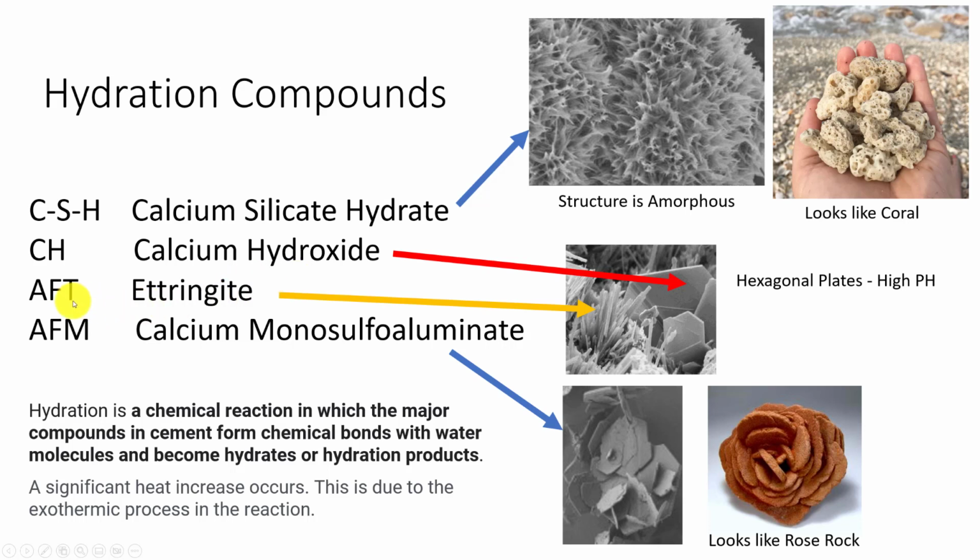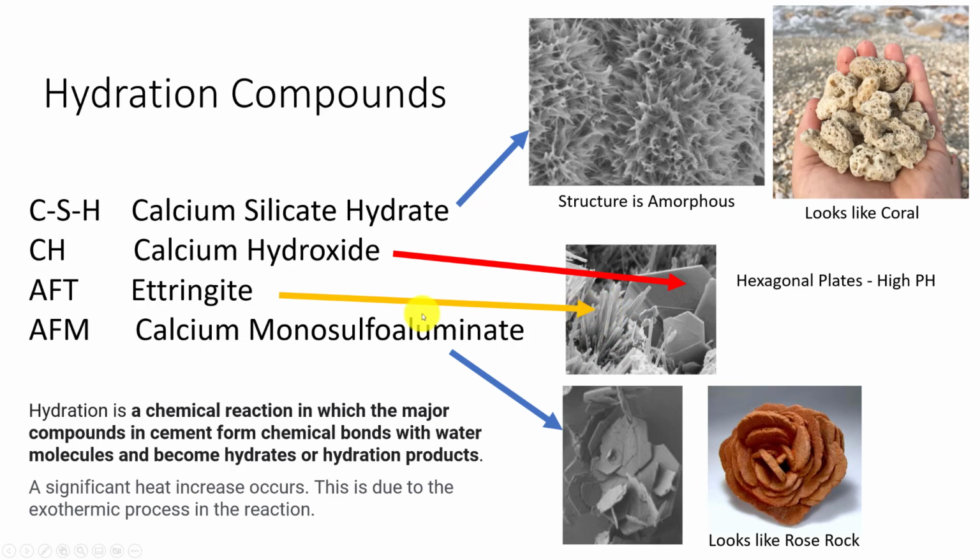Now, when we talk about the next structure, there are actually 2 of them. We're going to have the AFT form, and then it's going to get consumed and become AFM. Ettringite looks like whisker materials coming out, pine needles growing out, filling the voids in the concrete.